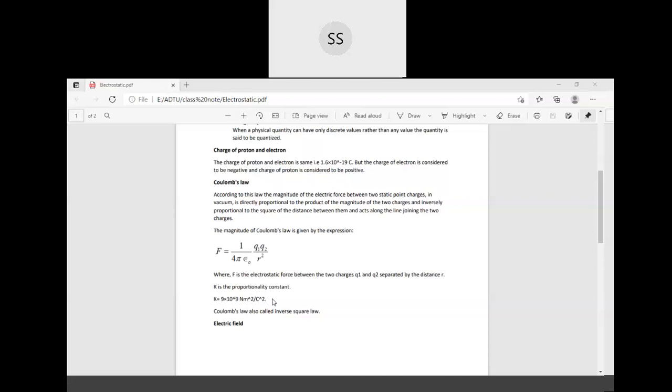Since the force is inversely proportional to the square of the distance, Coulomb's law is also called the inverse square law.